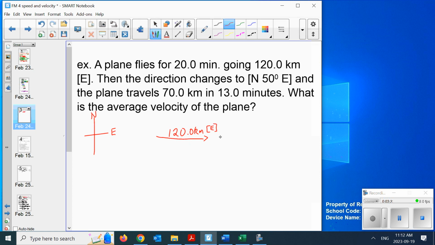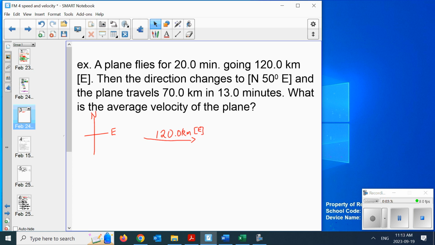That was at a time period of 20 minutes. Then the direction changes to north 50 degrees east.